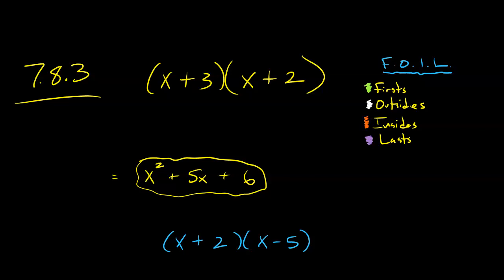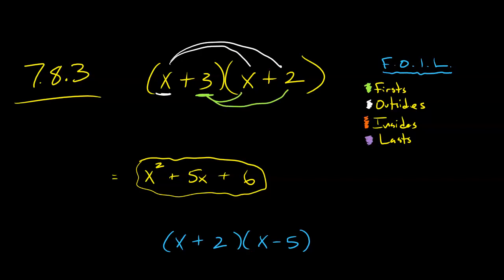I think it was Gracie on the last problem who talked about distribution. It's the same thing on this problem. You're going to take this first x and multiply it times everything in the other parentheses. And then you're going to take this 3 and multiply it times everything in the other parentheses.